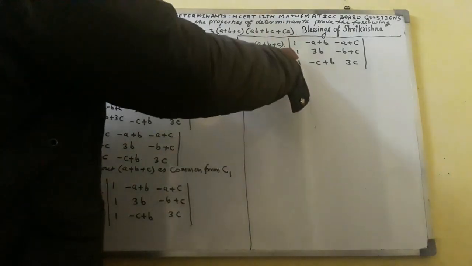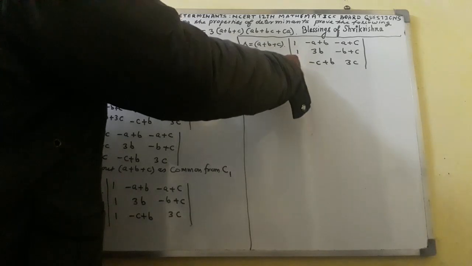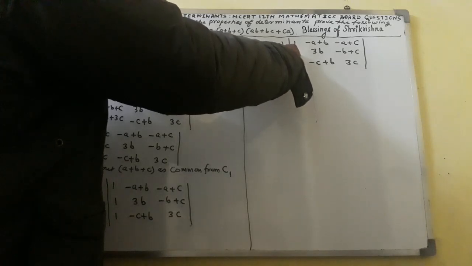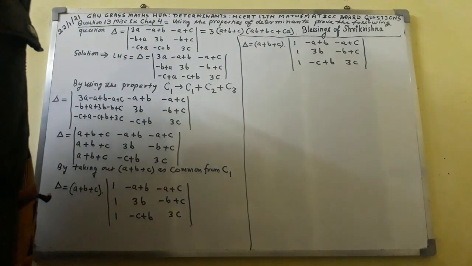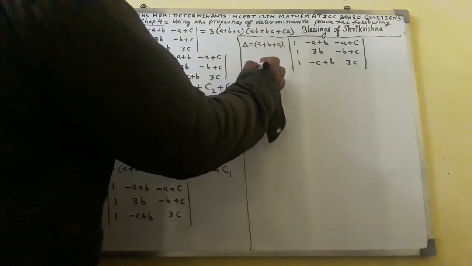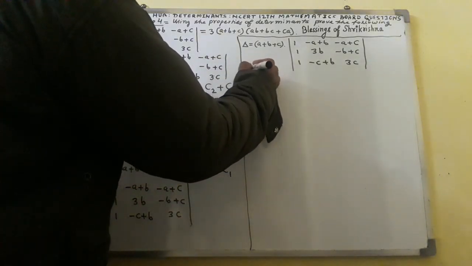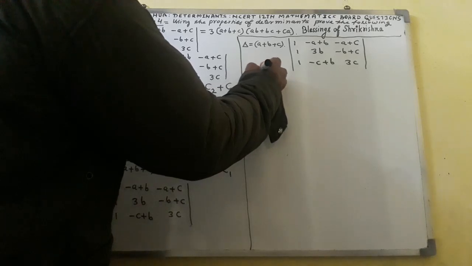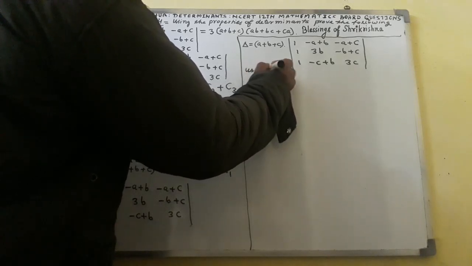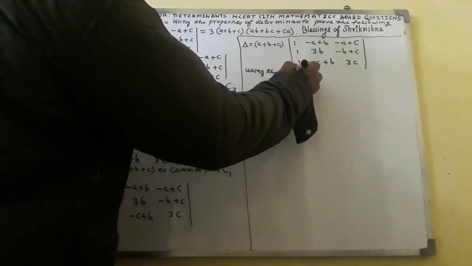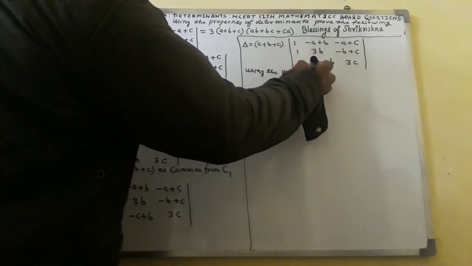And also R2 minus R3, at this place you will get 0. So this property I shall use here.